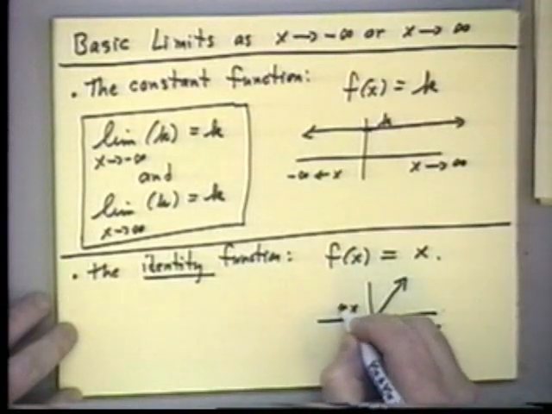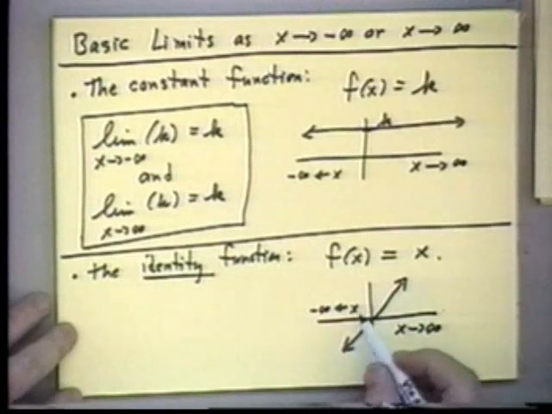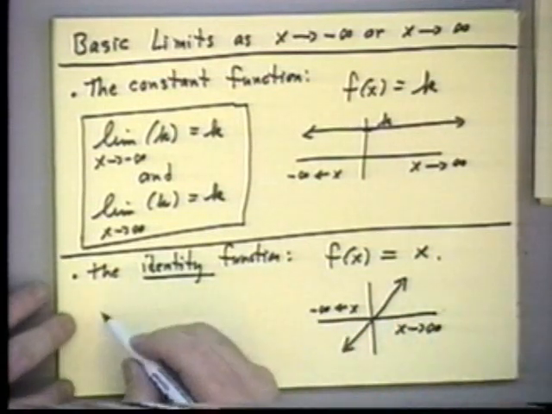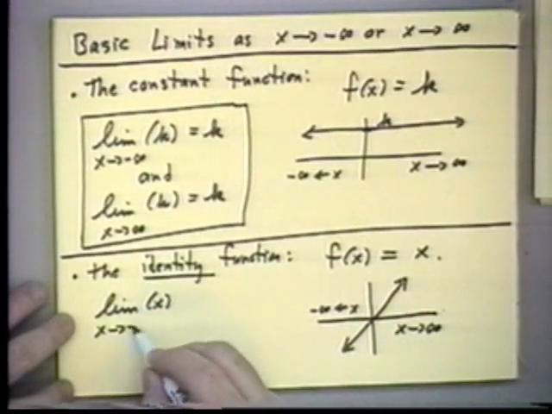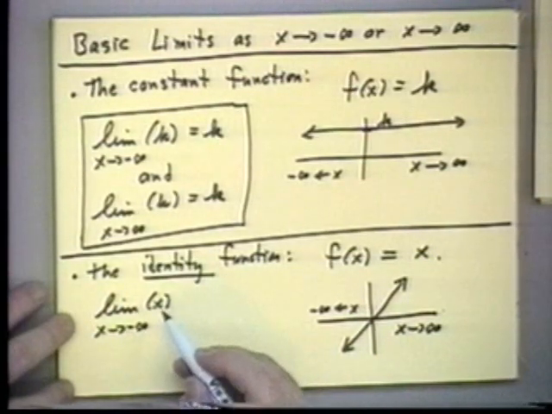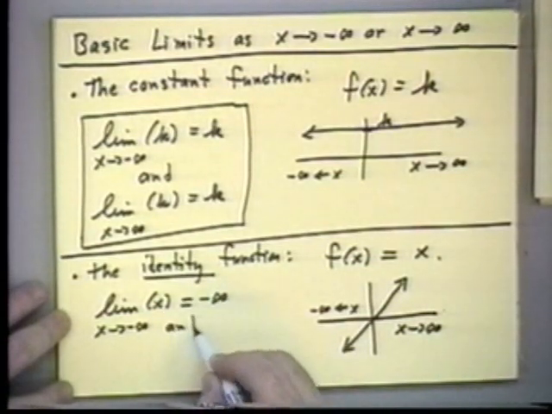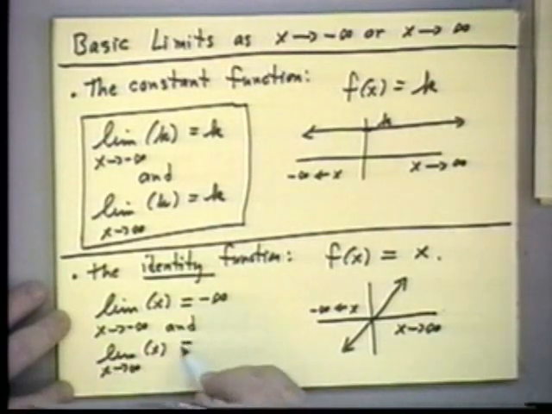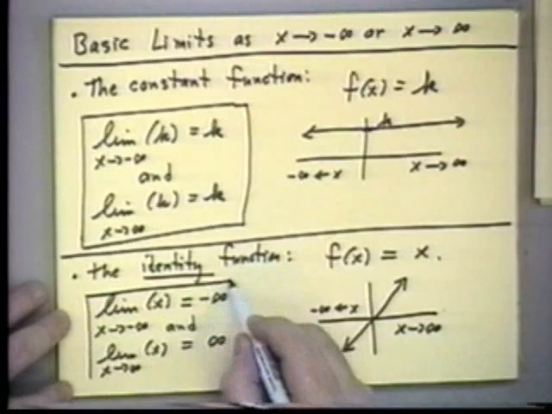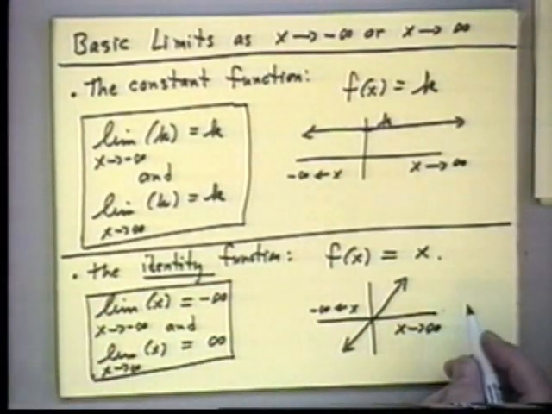And as x goes to negative infinity, we see that the function is going downward to negative infinity, just as x is. So that tells us, as if you couldn't guess, as x goes to minus infinity, what does the function x go to? Well, minus infinity, of course. And the limit of x as x goes to infinity equals infinity, likewise. So this was another one that's easy. Well, of course, these are called basic limits, so we expect them to be easy.